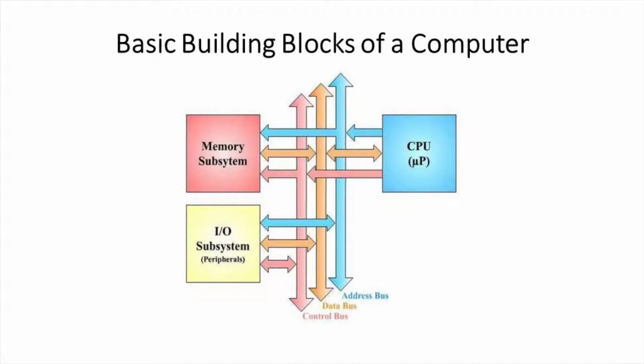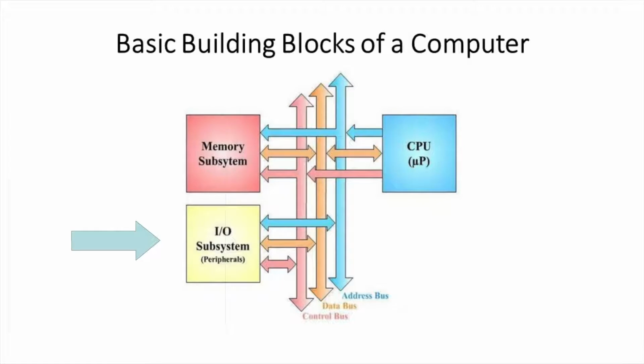Whatever the CPU is currently working on, the data is stored in the memory and is also updated in the memory. This memory subsystem consists of memories like cache memory and random access memory. So, we will see them in detail as we go along.